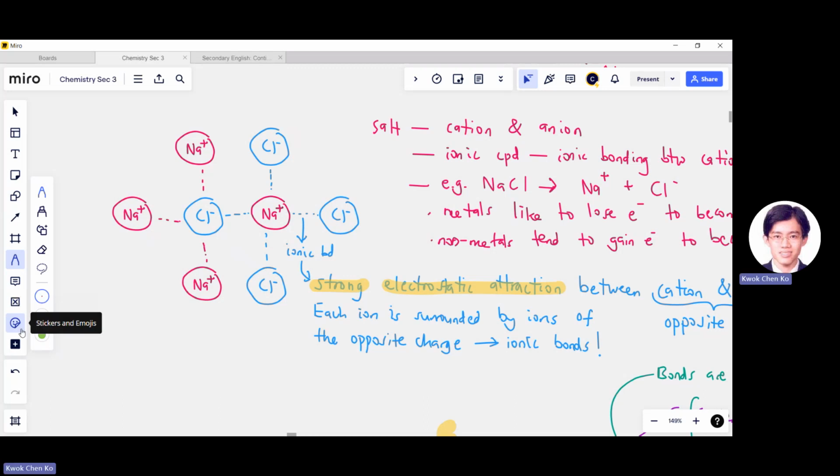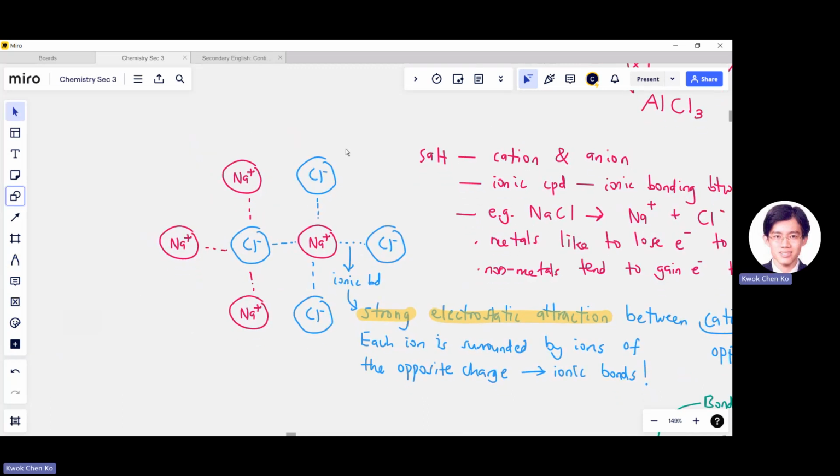Oh, one more thing. Since you've done chapter 6, what do they call this structure? Such a big structure. Oh, okay. Never mind. Then write down. Because as Sabrina pointed out, it is stretching throughout the whole piece of crystal, no? So therefore, that's the name for it. We call it, oh, you better know. Okay, fine, giant crystal lattice, but that's okay.